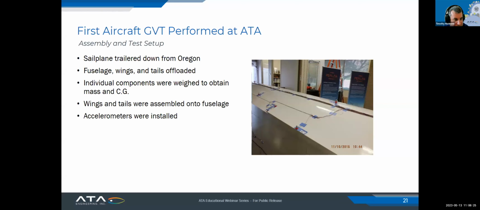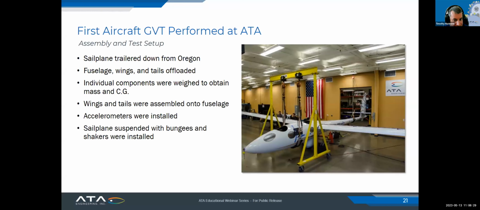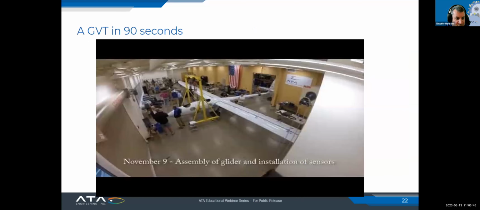At that point, we installed accelerometers, and then we suspended it with bungees. That allows us to get a boundary condition that resembles what it would be in flight. From there, we can use shakers to excite the aircraft and get measurements.